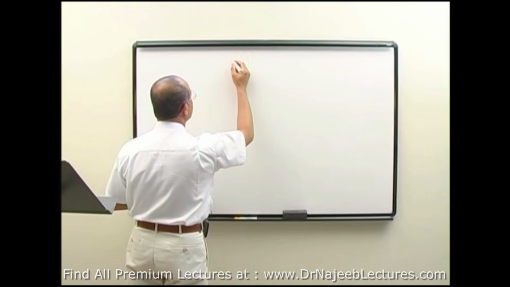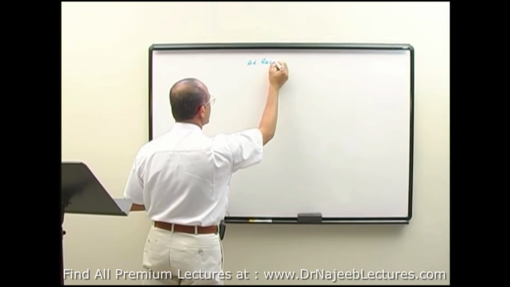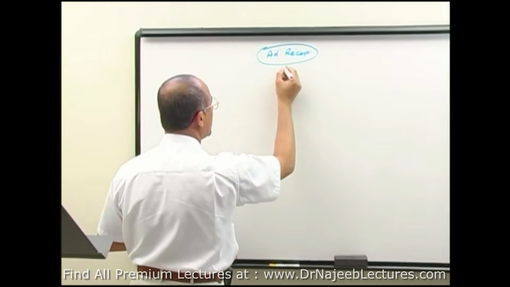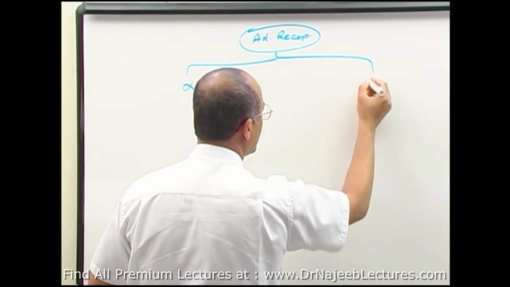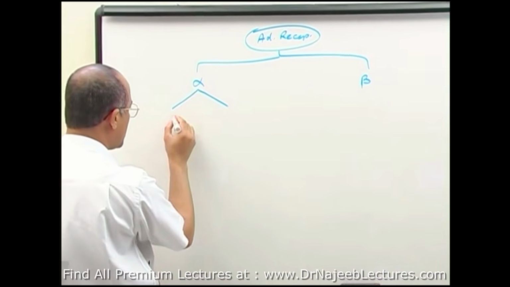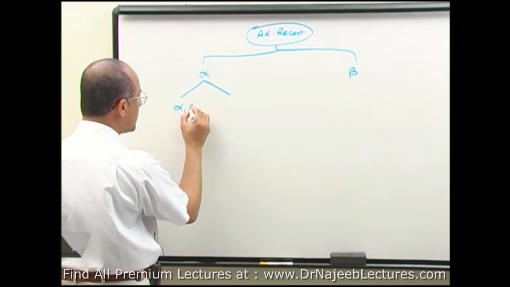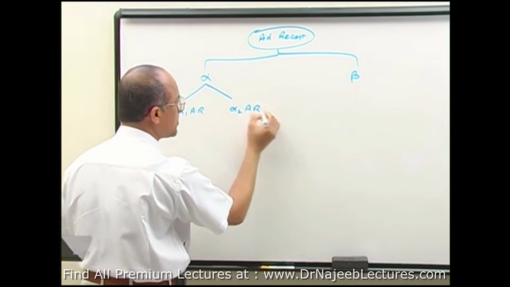Let me put here adrenergic receptors. Already you know adrenergic receptors are divided into alpha and beta. Alpha are divided into alpha 1 adrenergic receptors and alpha 2 adrenergic receptors.